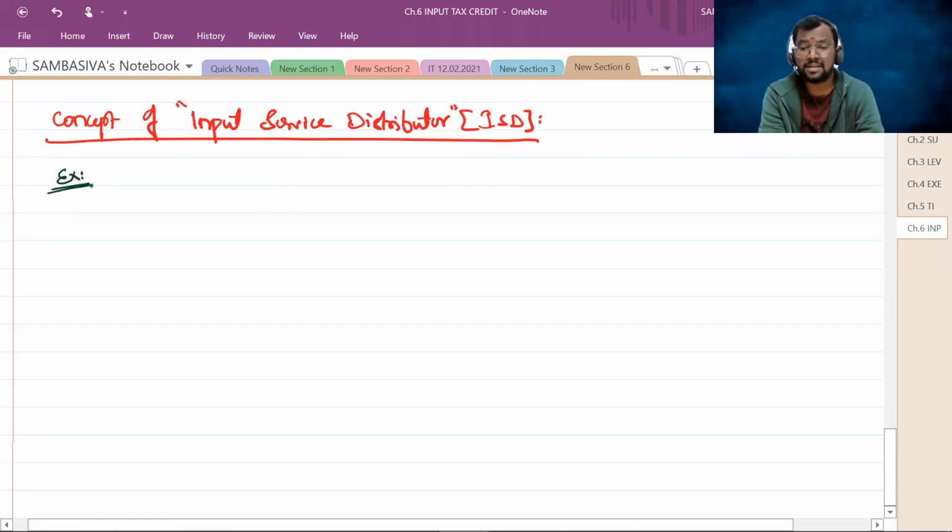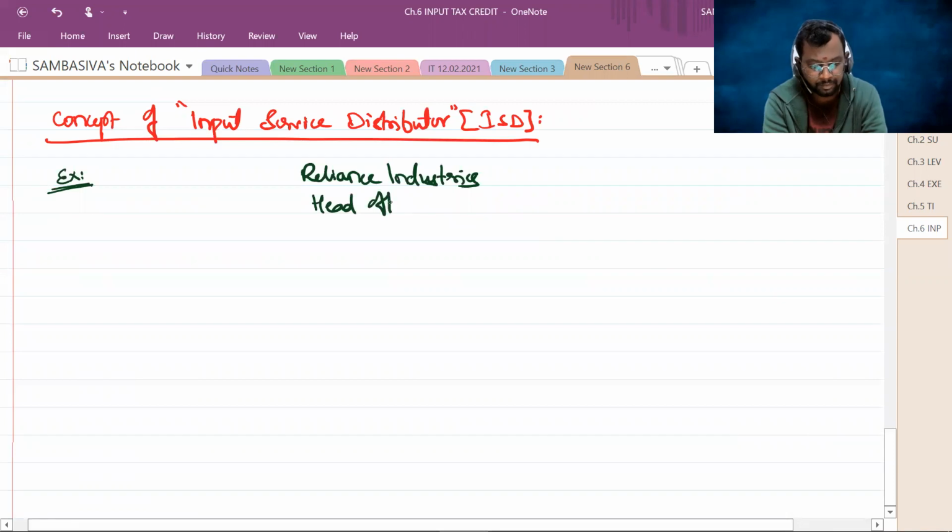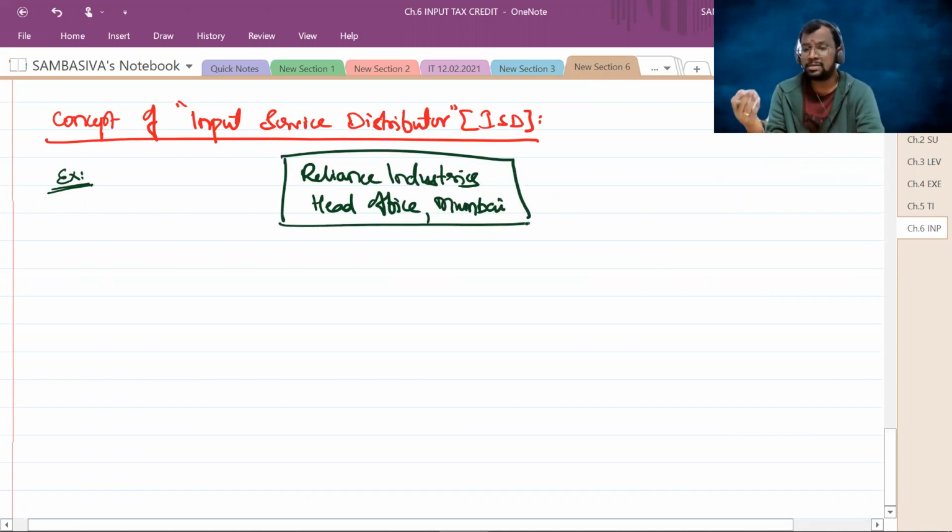For every business concern, every business unit, there will be a head office and some branch offices. If we take the example of Reliance Industries, they have their head office in Mumbai, and they have branches across India and outside India as well.